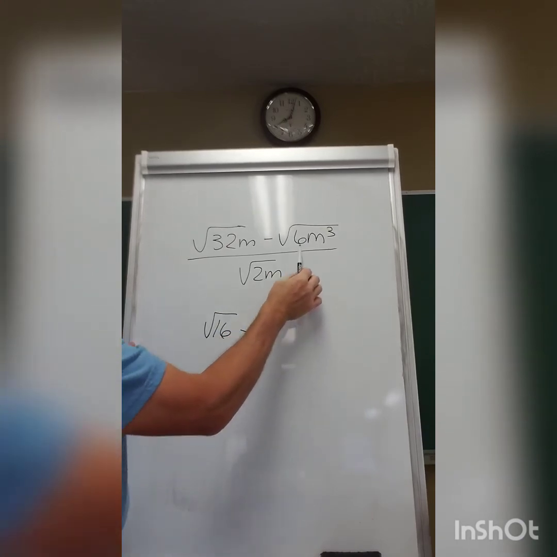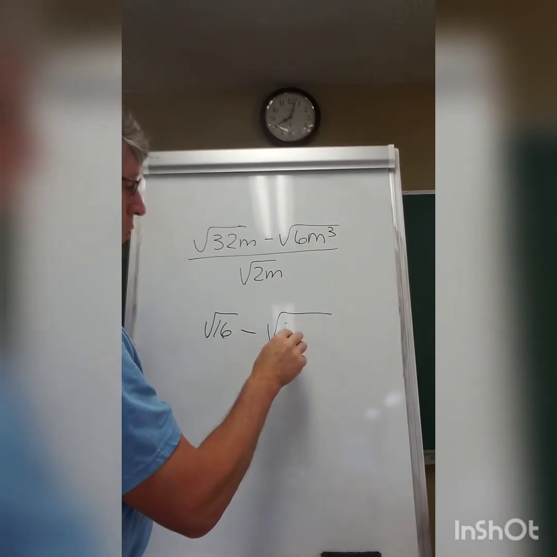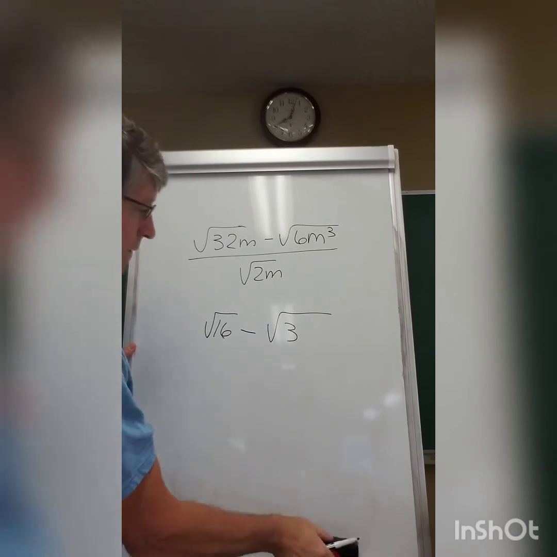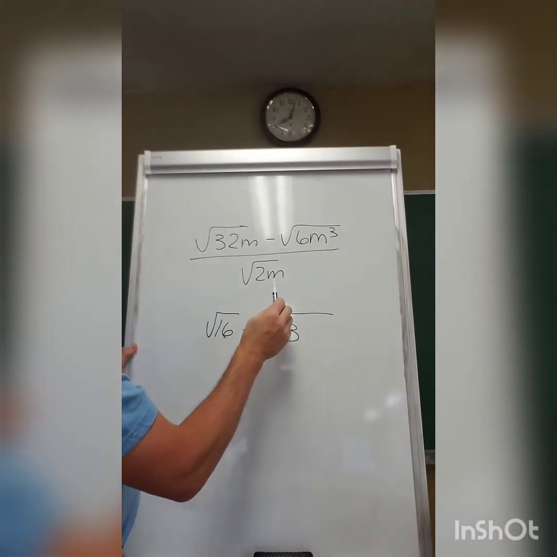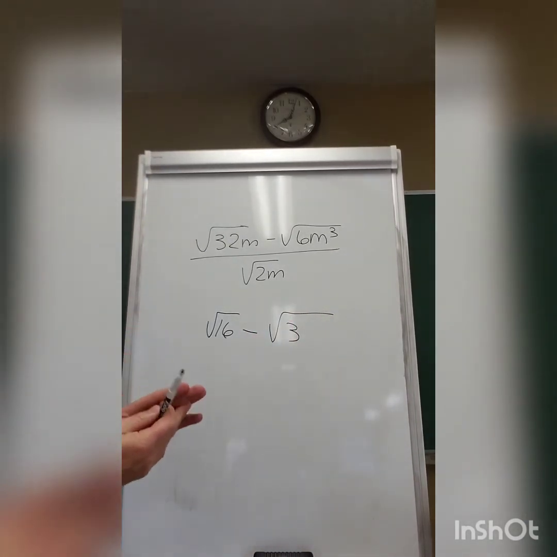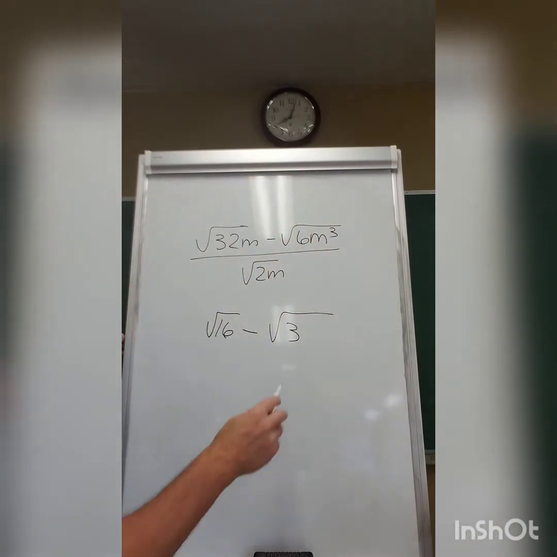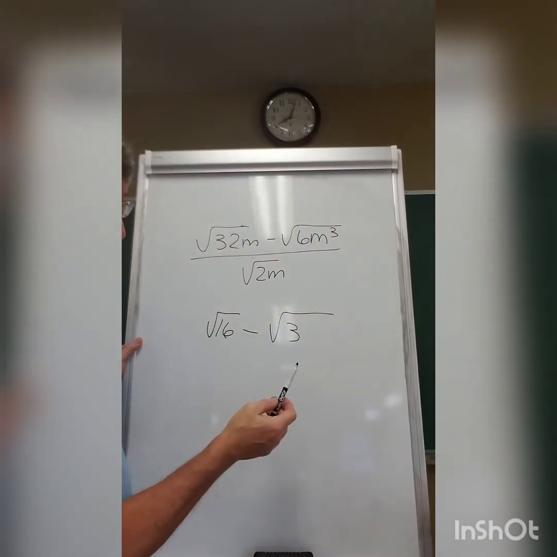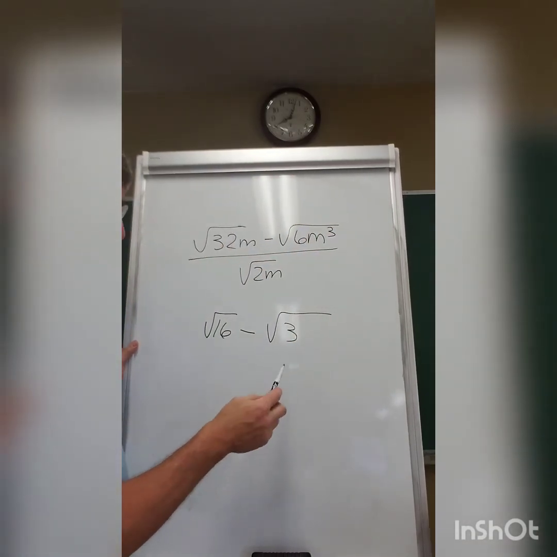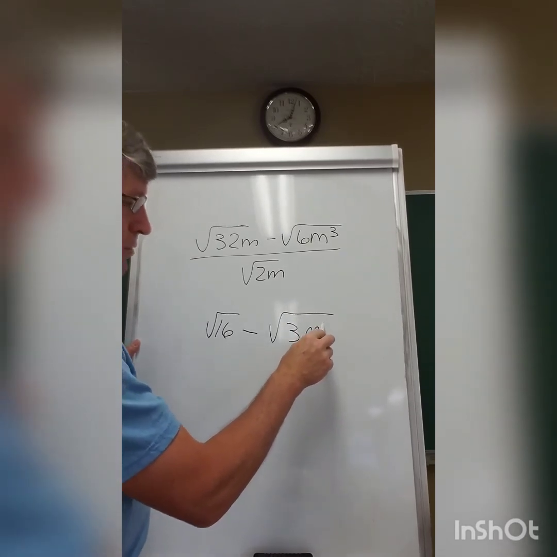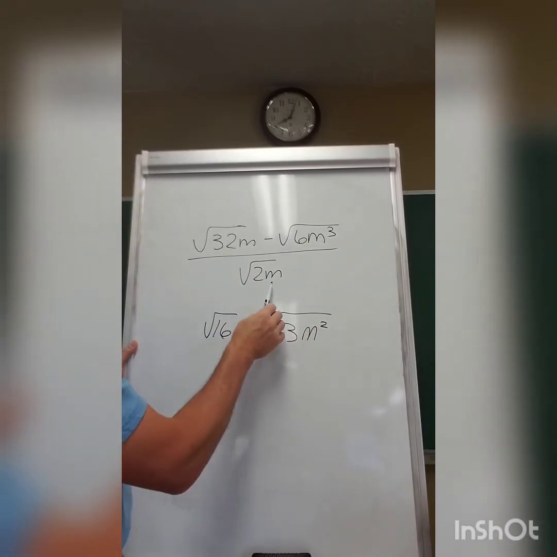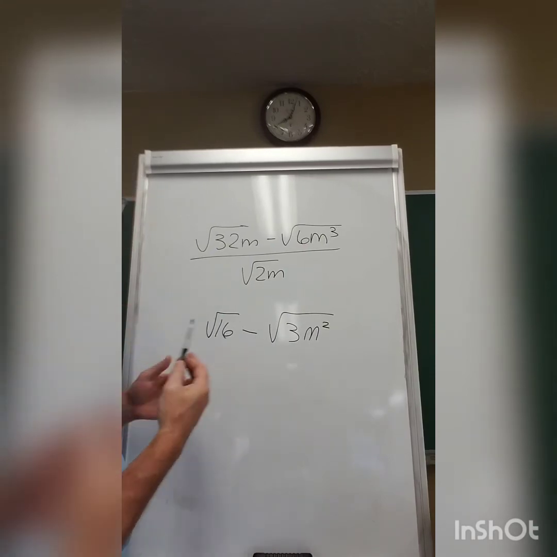Minus 2 goes into 6 3 times, m goes into m, that removes 1 m. We have 2 m's left because we divided, and that eliminated 1 m.